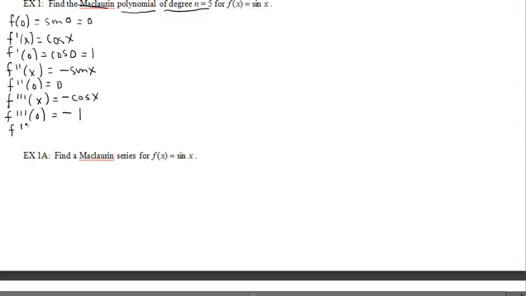Fourth derivative, I'll put a 4. Looks like I'm going to be back to what I started with, sine x. So there's a pattern here. The fourth derivative at 0 is 0.